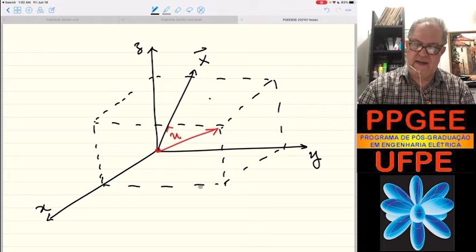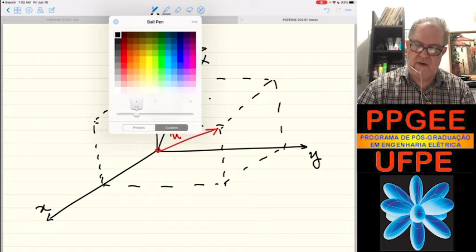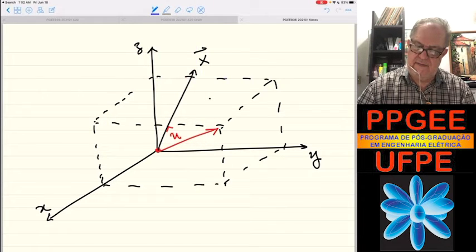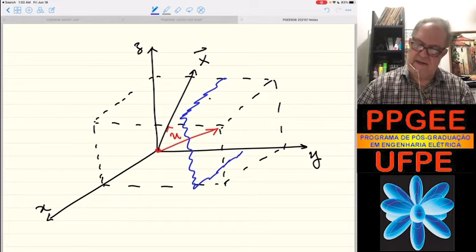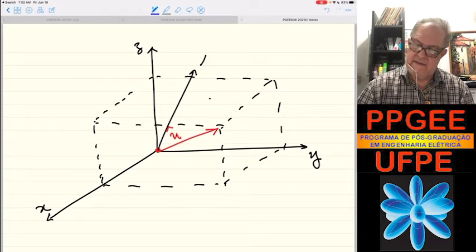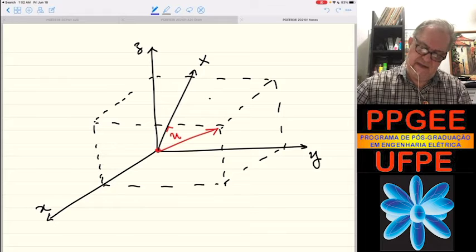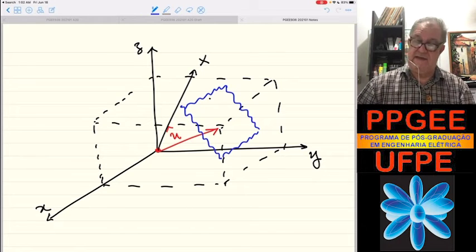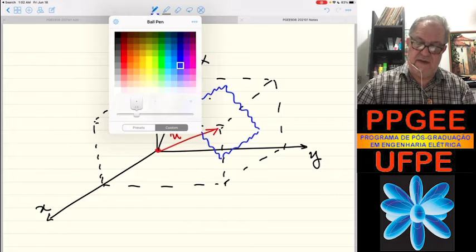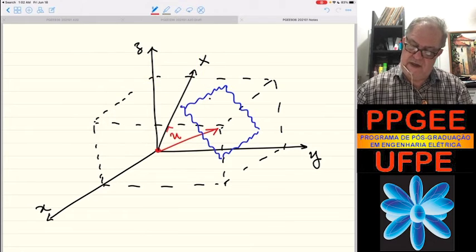Let me try another color here. Something like this. I'm going to make a small part of this plane.